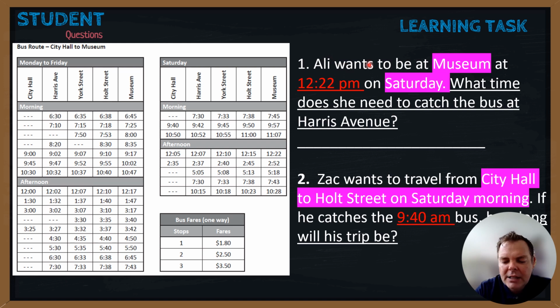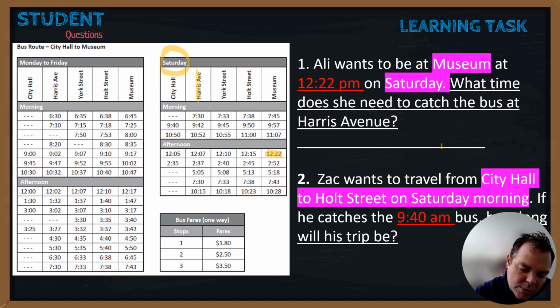So Ali wants to be at the museum at 12:22 p.m. on Saturday. What time does he need to arrive at the bus at Harris Avenue? So straight away I know I'm working on that Saturday timetable. He wants to be at the museum at 12:22 on Saturday, and he's coming from Harris Avenue.